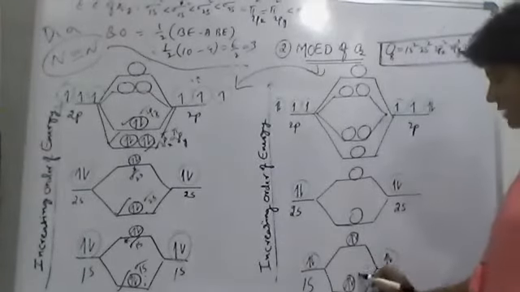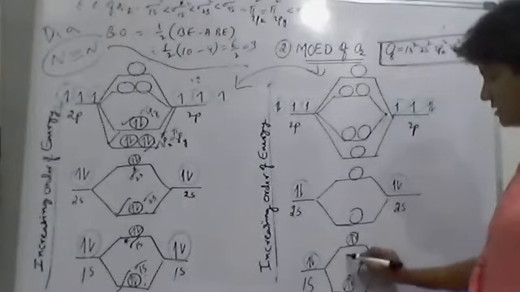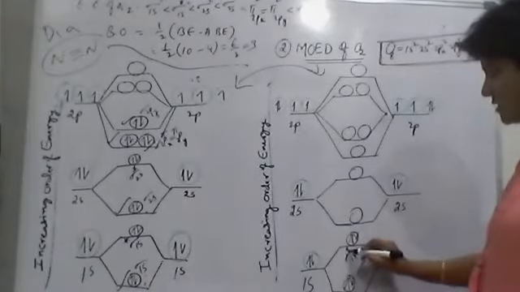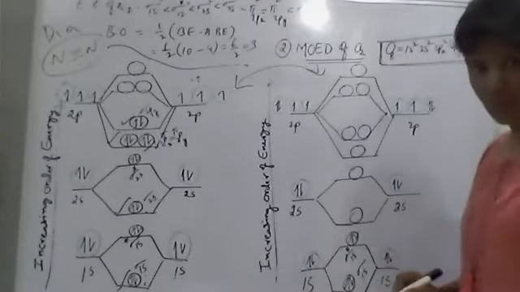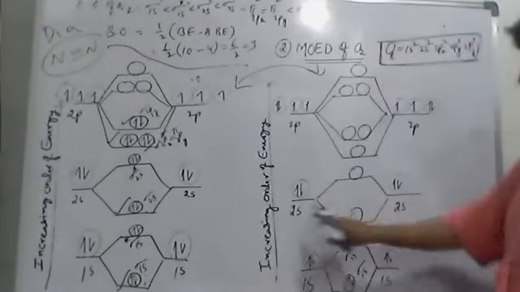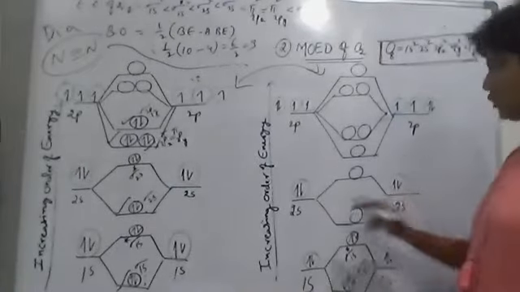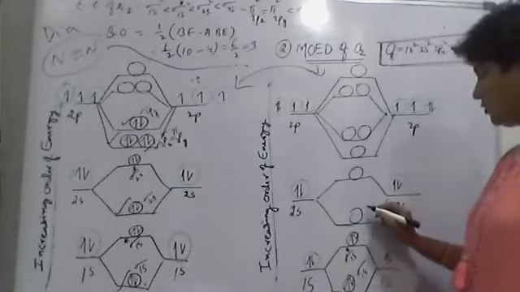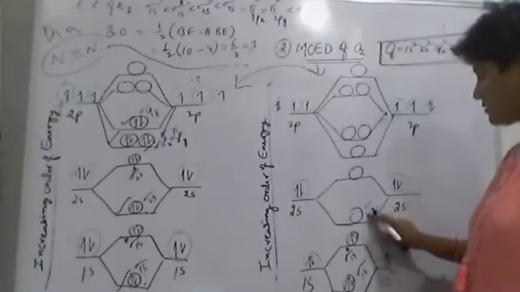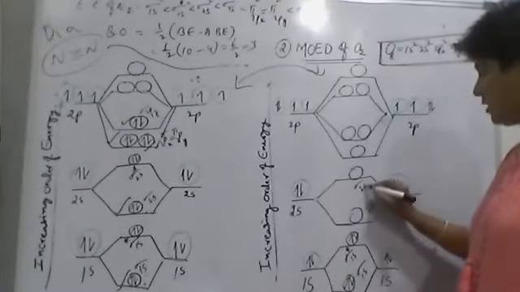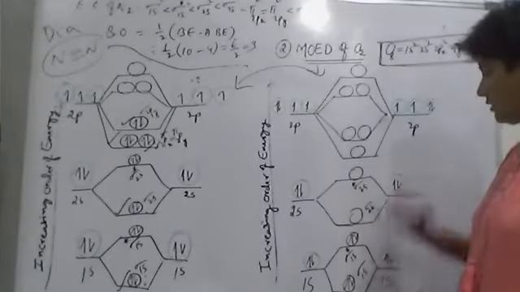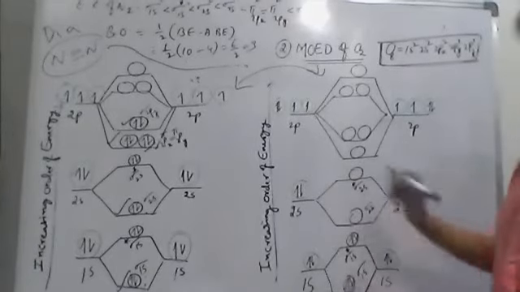So here sigma 1s and this is sigma 1s star, star for antibonding orbital, high energy. Then next 2s, 2 plus 2, 4 electrons. So sigma 2s and this is sigma 2s star.